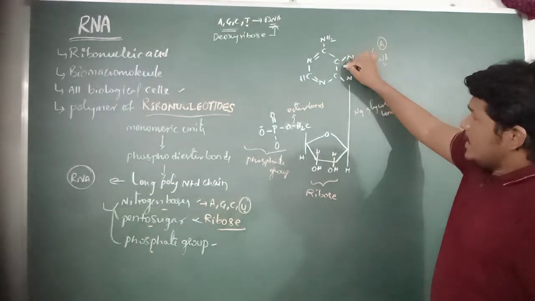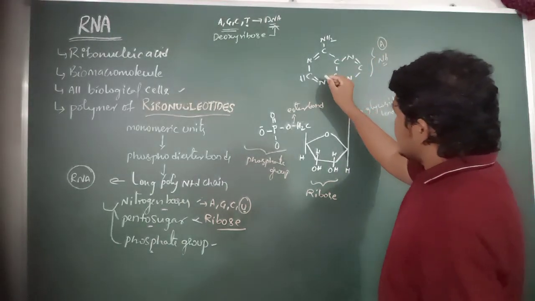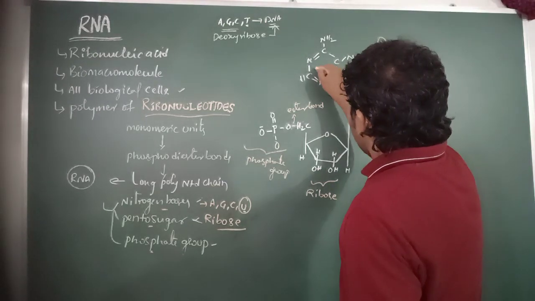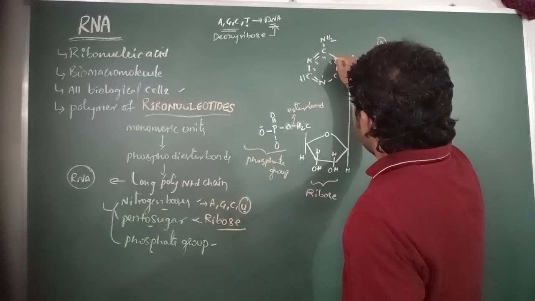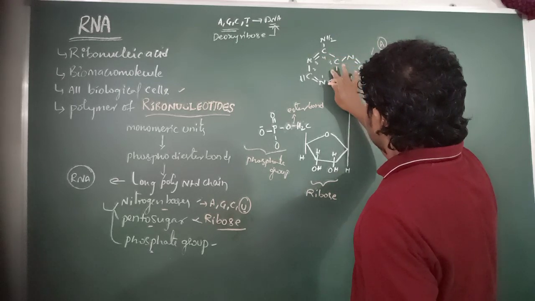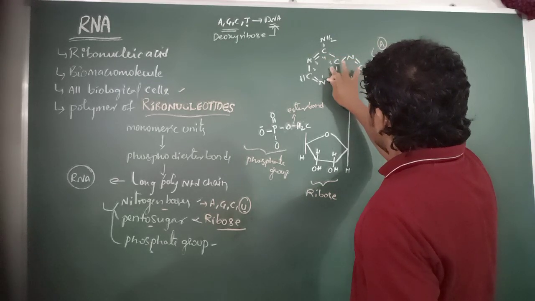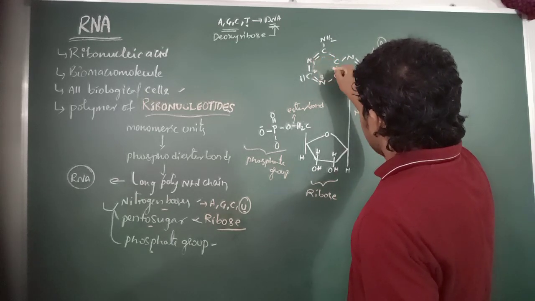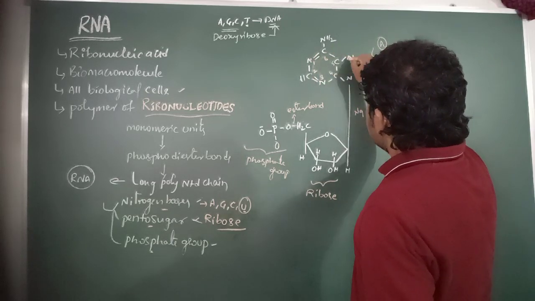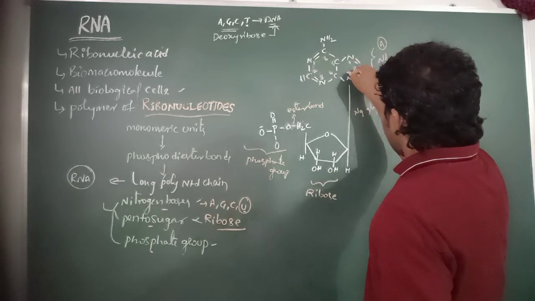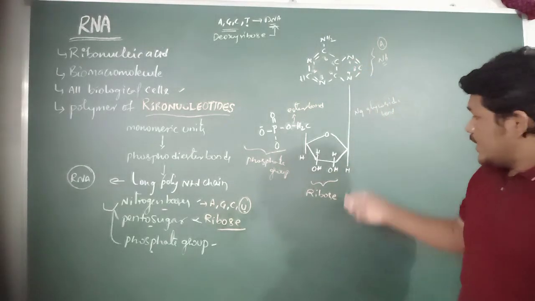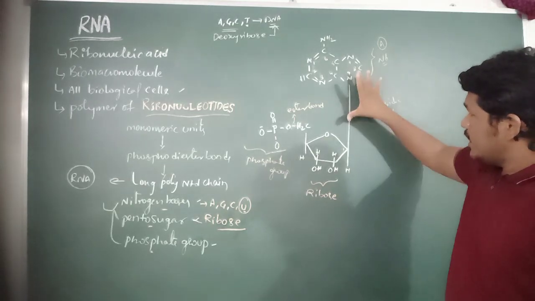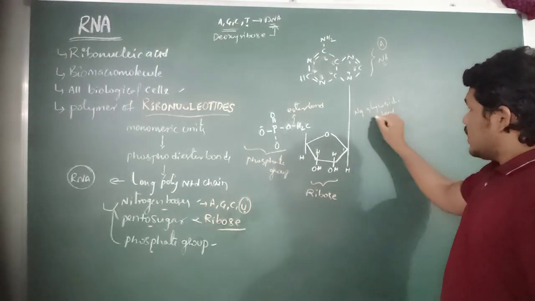In adenine, the nitrogen base numbering is 1, 2, 3, 4, 5, 6, 7, 8 and 9. The first carbon atom of the pentose sugar is linked with the nitrogen base by the glycosidic bond.